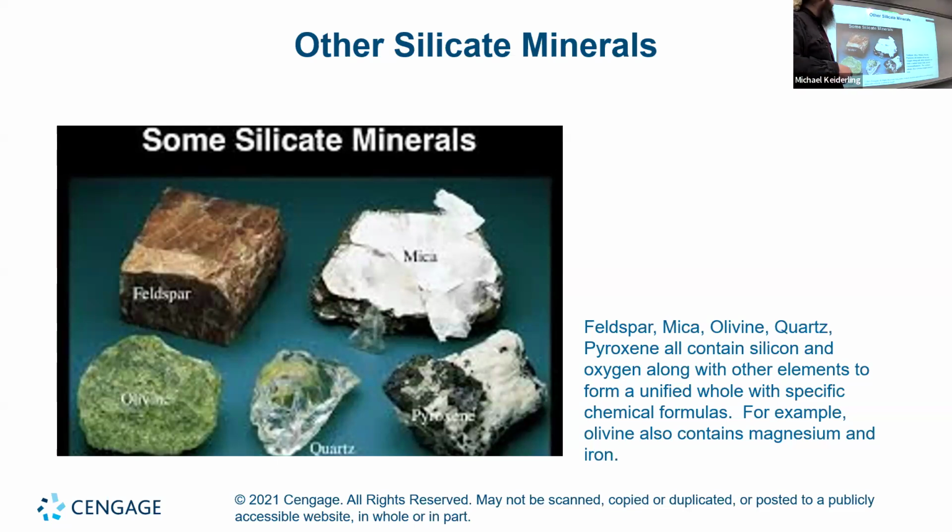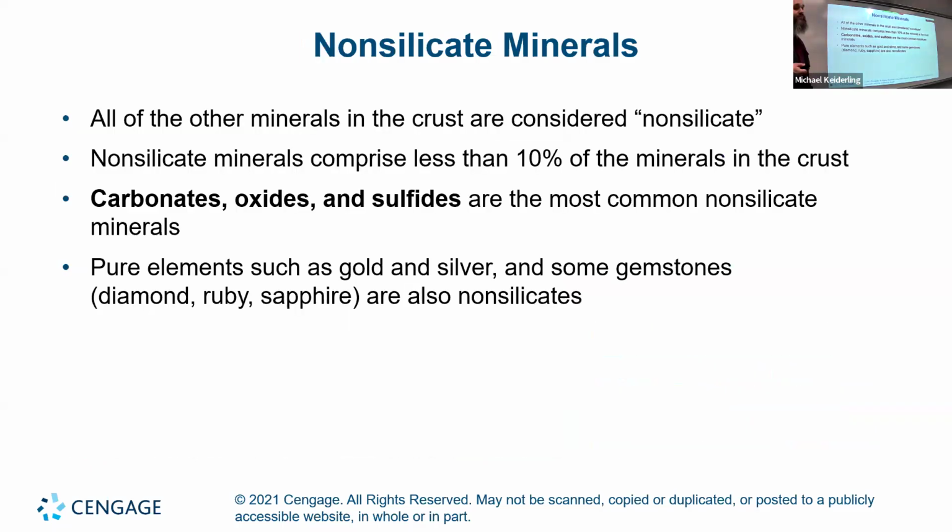And this is pyroxene down here. They all contain silicon and oxygen along with other elements. So olivine contains magnesium and iron. Now, so that's the silicates. That's the most common type of mineral. There are also non-silicate minerals. Non-silicate minerals comprise less than 10% of the minerals in the crust.